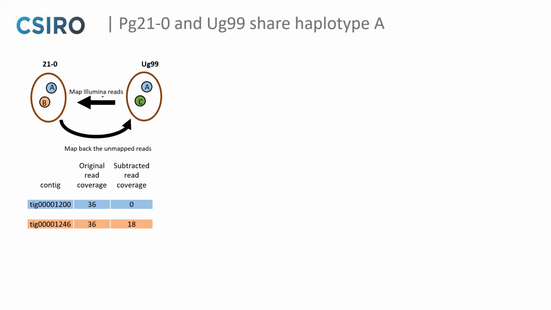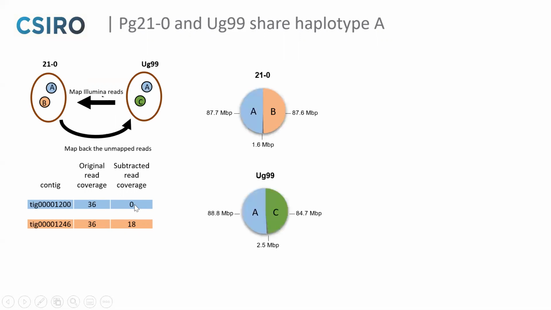What that would tell us is if a contig was common to both strains, the coverage would drop to 0. This approach worked really well because we were able to split the genome assembly in basically half, and it provided us evidence that both 21 and Ug99 were sharing one haplotype.